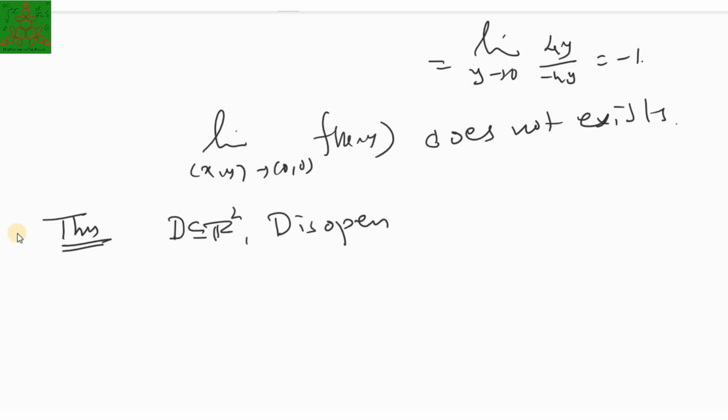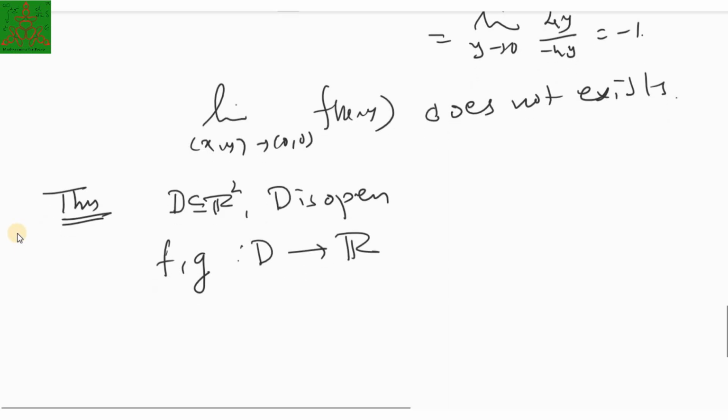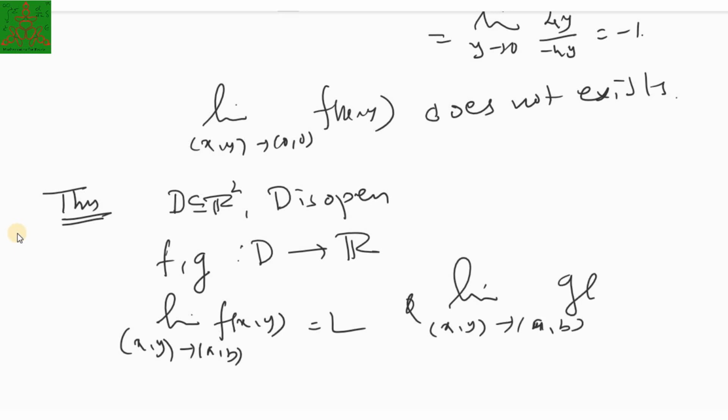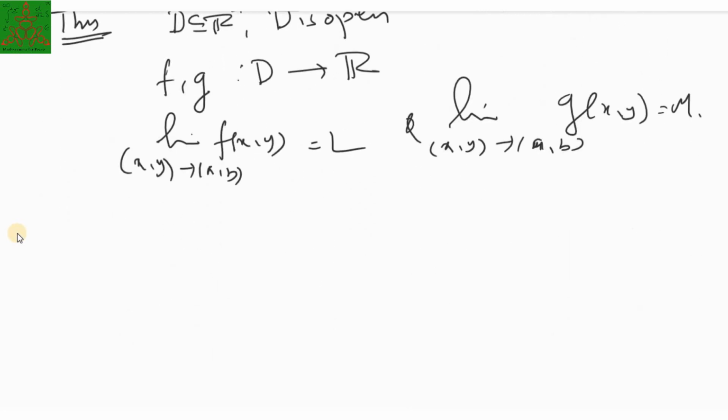If f and g are functions defined on it, and the limit of f(x, y) at the point (a, b) is L and the limit of g(x, y) is M, then you have certain results.